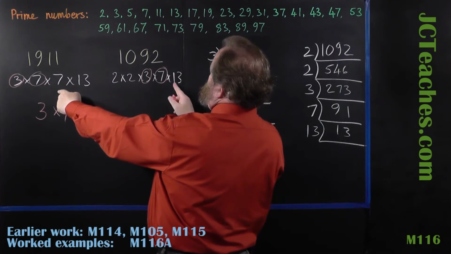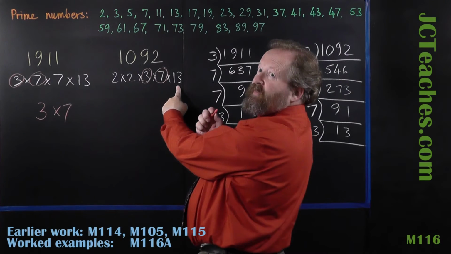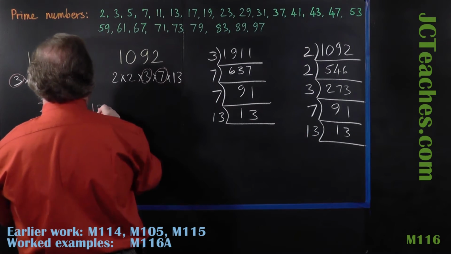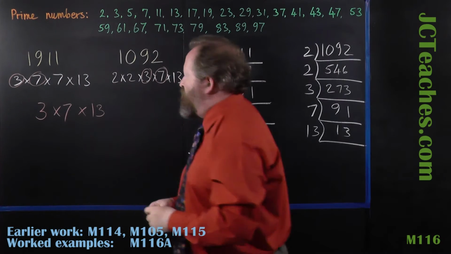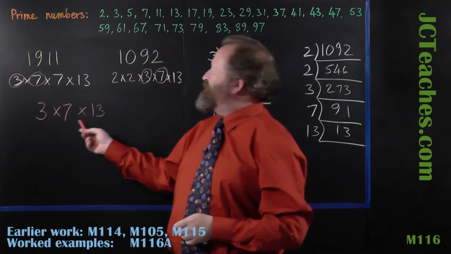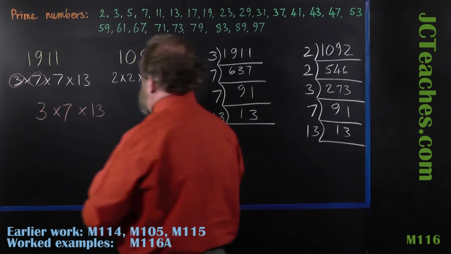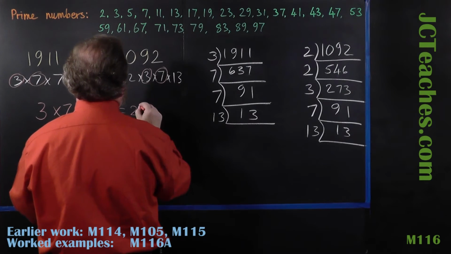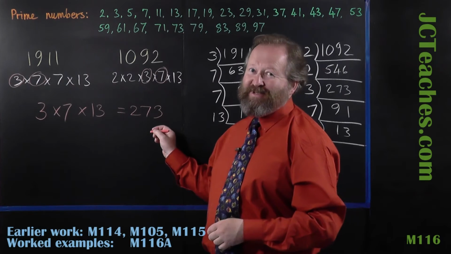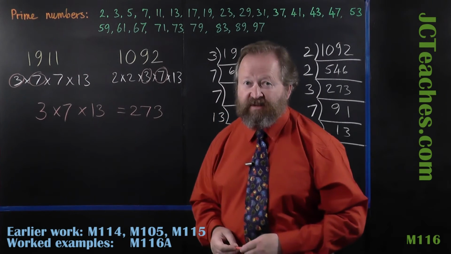Do we have another 7 on this side? No, we don't. There's a 13. We do have a 13. Okay, so we've got times 13. Okay, we've got to work out 3 times 7 times 13. 3 times 7 is 21. That'd be 273. Wow. I hope so. Okay, so we should find that 273 is a factor of both of those things.